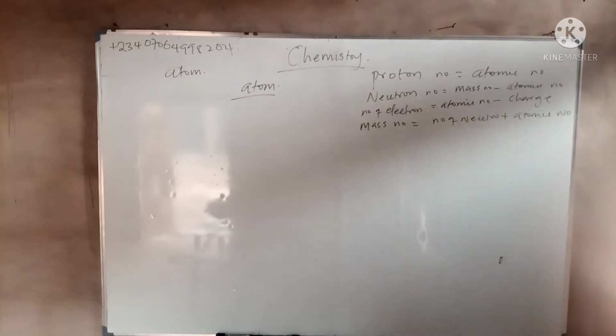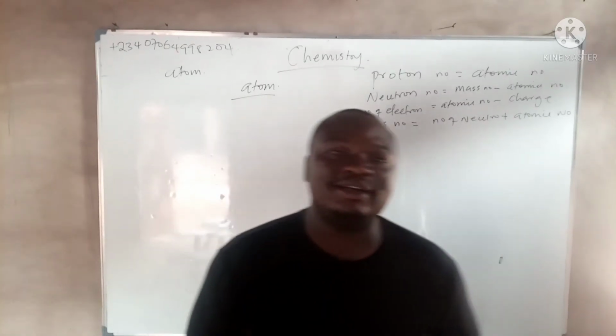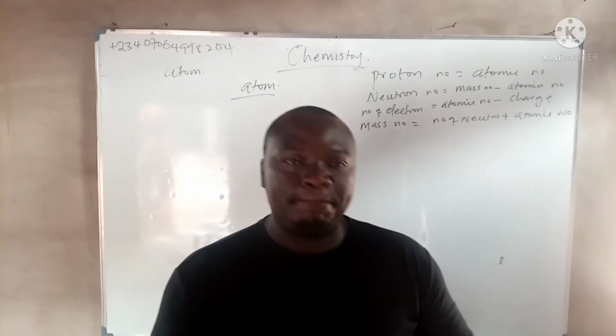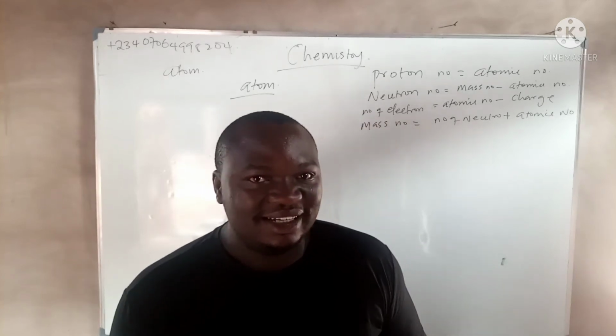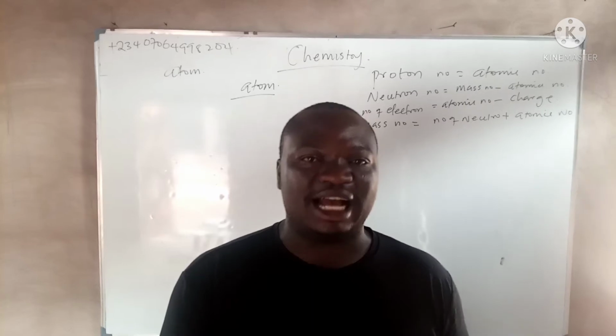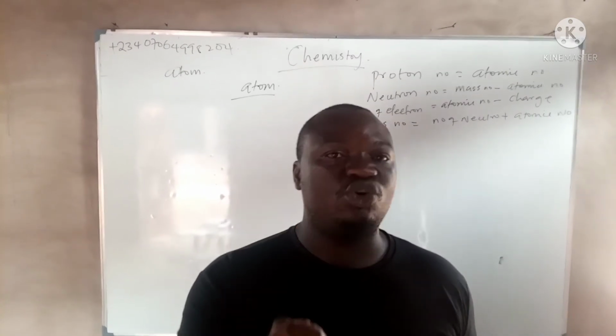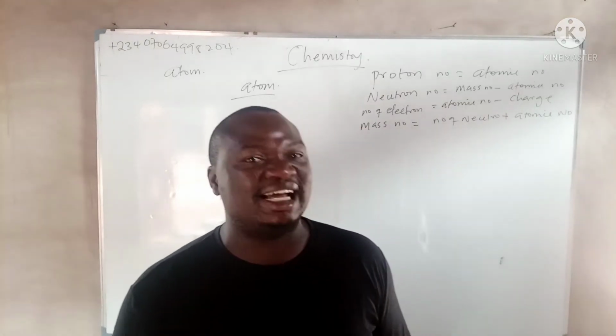Let's go. Remember, an atom is electrically neutral, but an ion is either positively or negatively charged. The number of protons and the number of electrons in an atom are the same. Write it down.